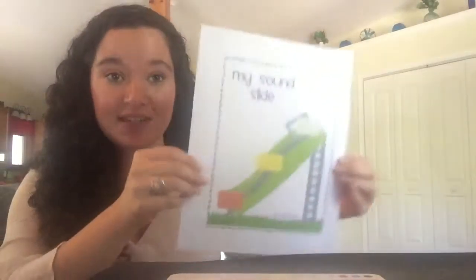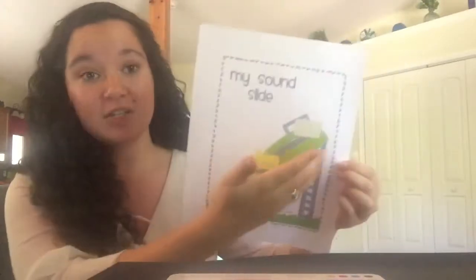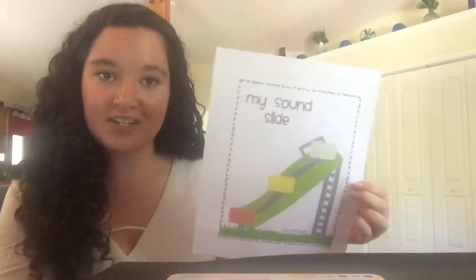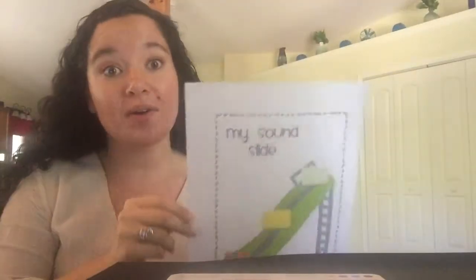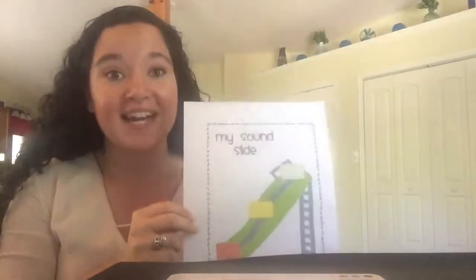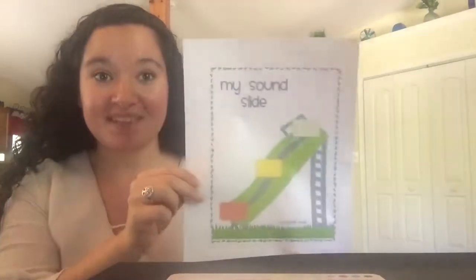For blending, I have an activity called the My Sound slide. It's a picture of a slide, and it has 3 separate sections. And so for this one, I would say, okay students, everybody listen up and look up here.